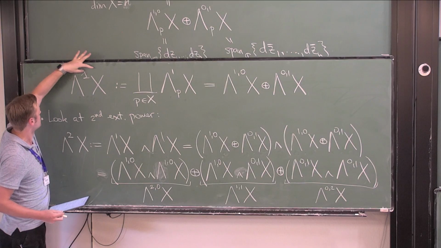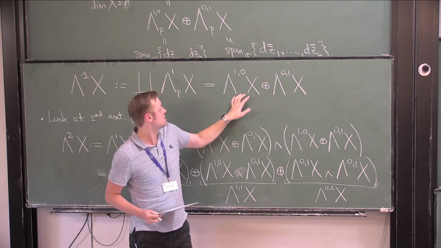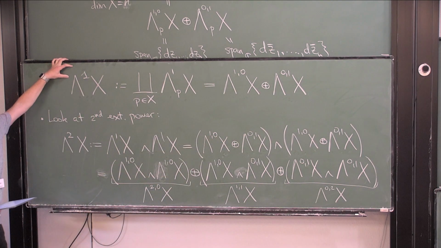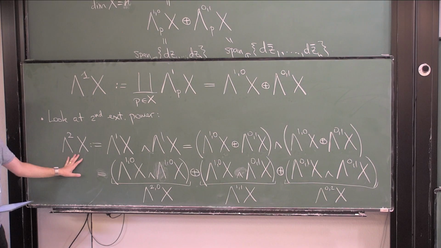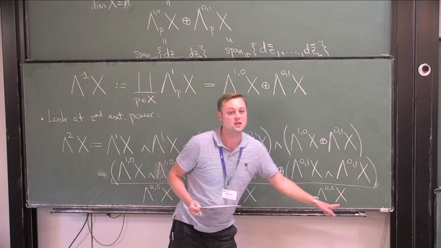So this bundle, lambda 1 of x, has a decomposition into two complementary subspaces. And once I take a second wedge power of it, I'm looking at lambda 2 of x, which has a decomposition into 3 distinct subspaces.